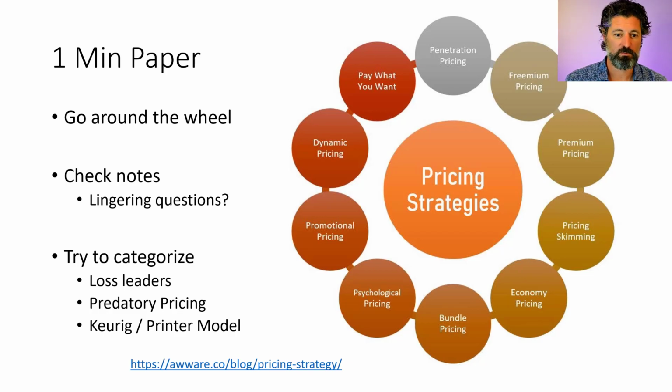Dynamic pricing is where you change the price frequently based on existing conditions. Promotional pricing, for example, might be something like a loss leader. A loss leader is a concept where you bring someone into the store by selling them something that you're going to lose money on. So you might see a really fantastic sale on 2 liters of Coca-Cola for 99 cents.